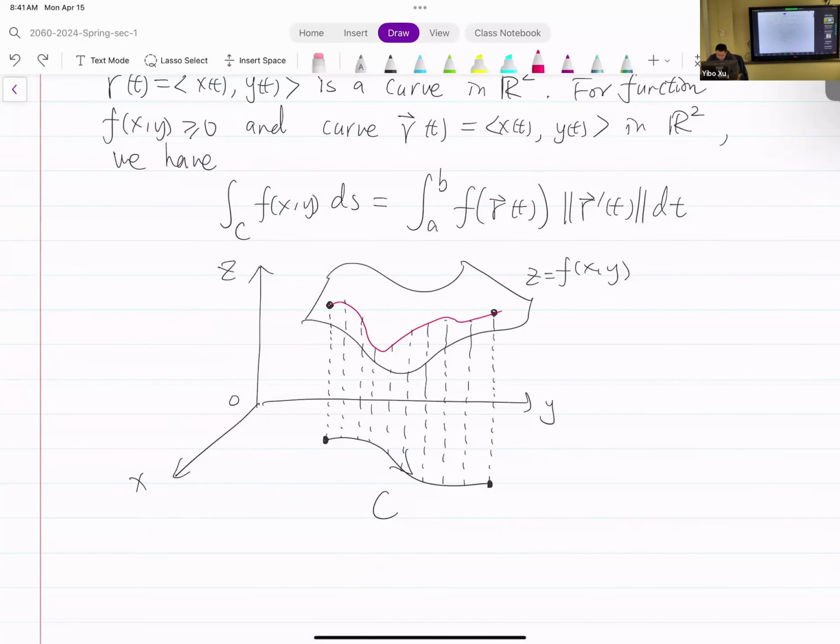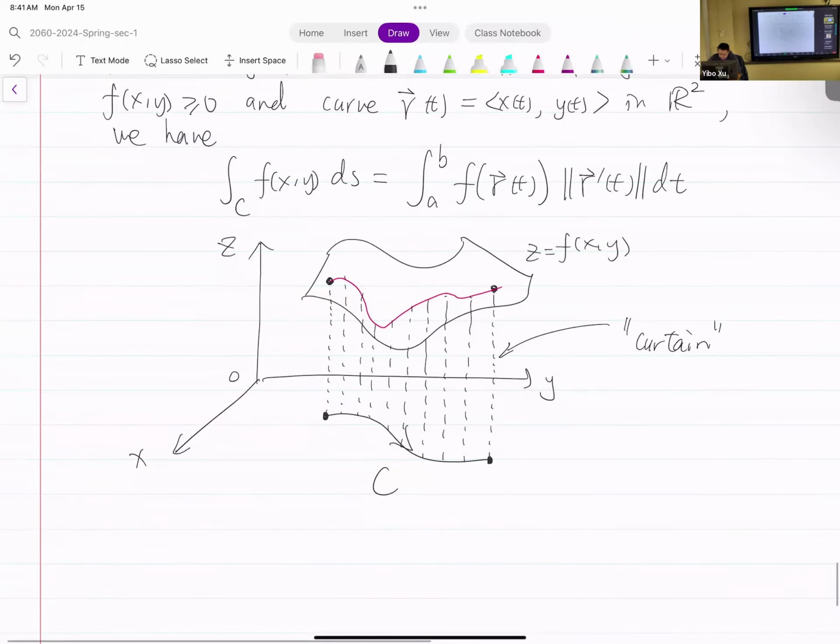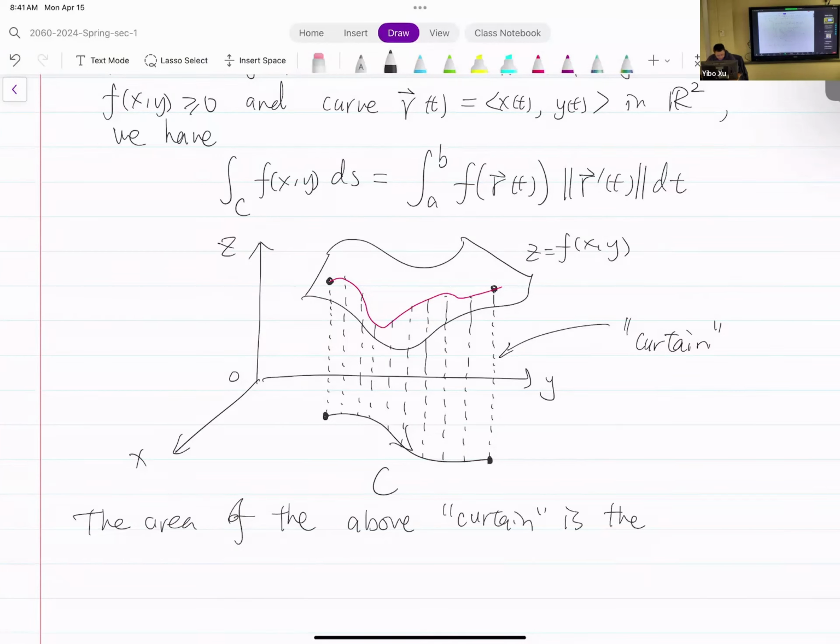So that's the curtain right here. The area of the curtain is, well, you can say the physical meaning of the line integral, which is integrating f of xy along the curve, accumulating f times length.